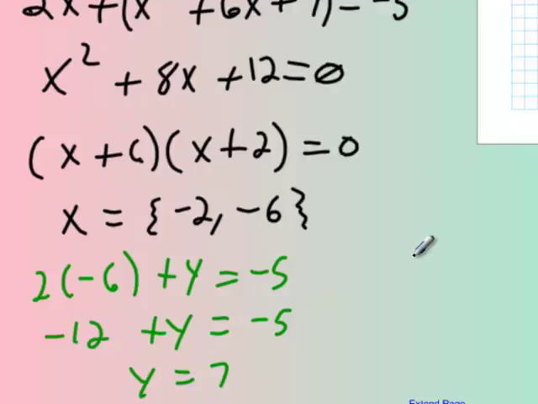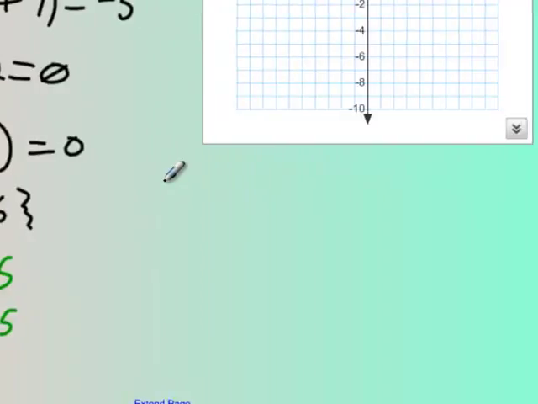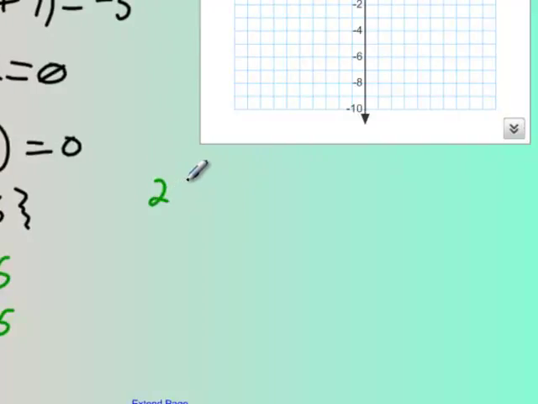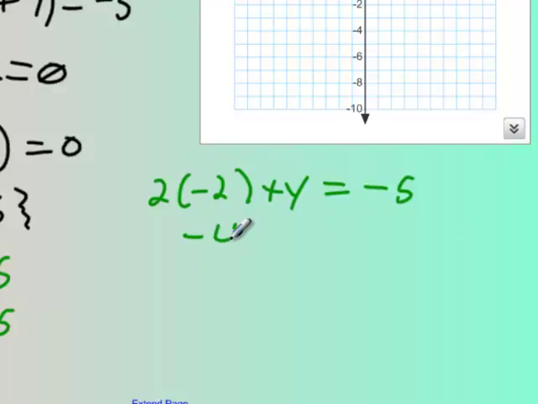And then I'll do it with the -2. So let's see, that's going to be 2 times -2 plus y is equal to -5, which is going to leave me with -4 plus y is equal to -5, and y has to equal -1.